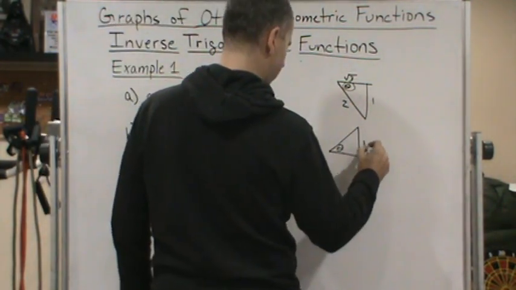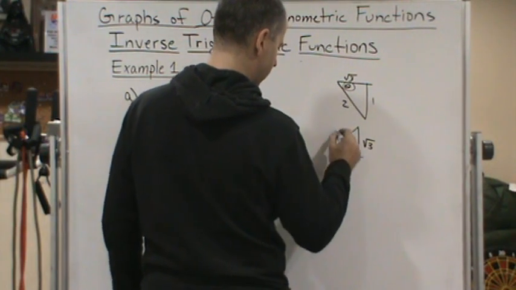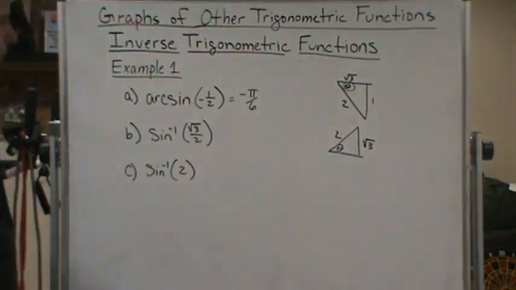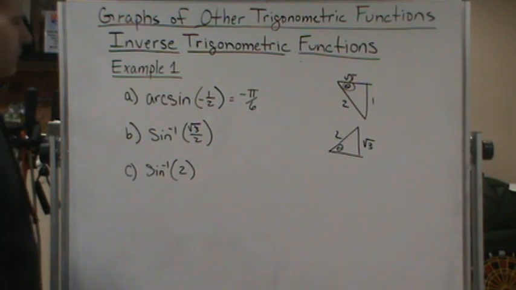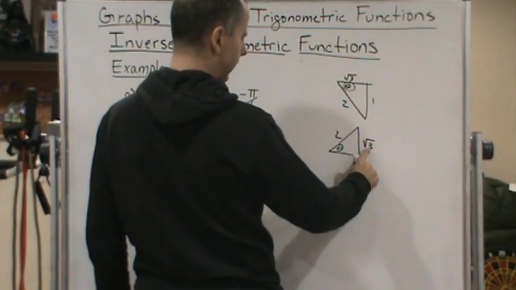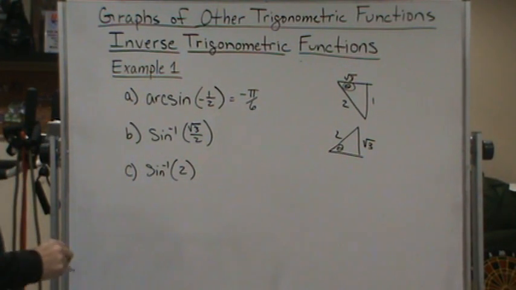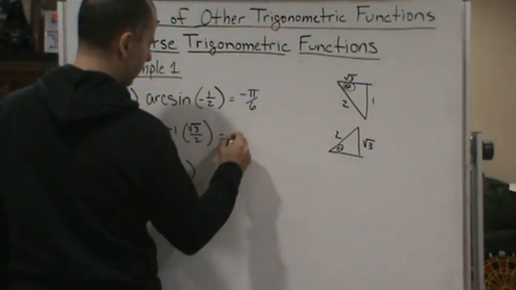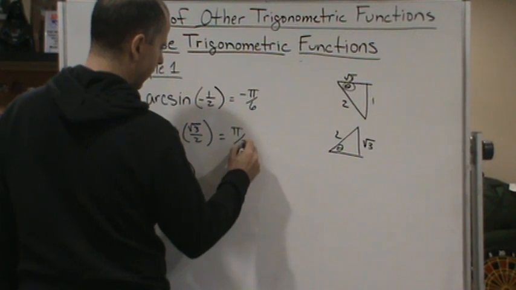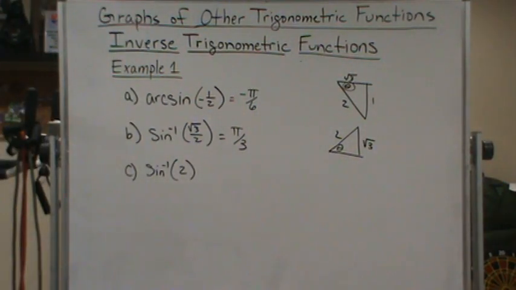But this time, the opposite side is square root of 3. So this is going to be a 60-degree angle. So this is going to be pi over 3. And it's in the first quadrant, so it's positive.